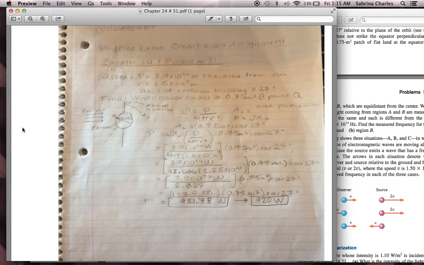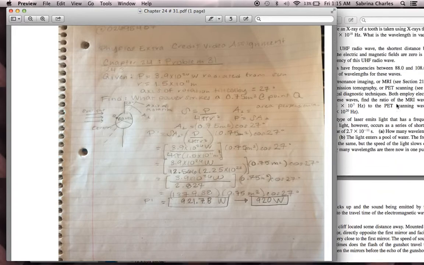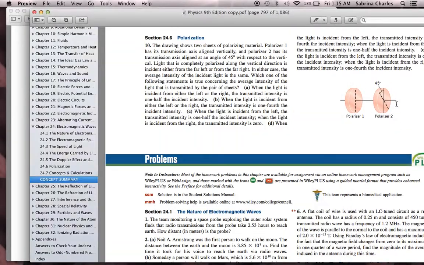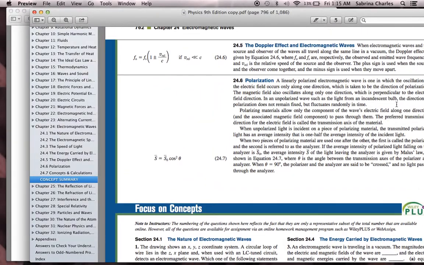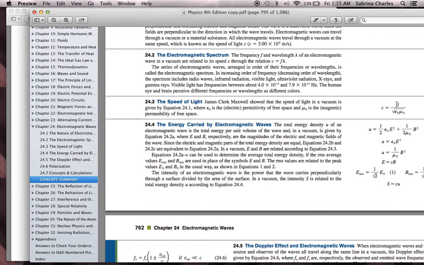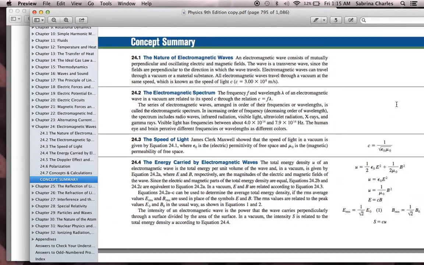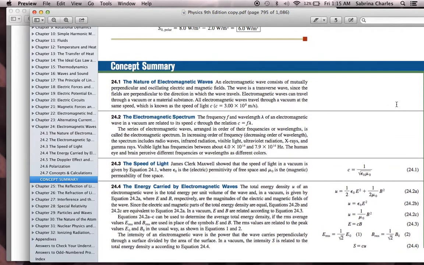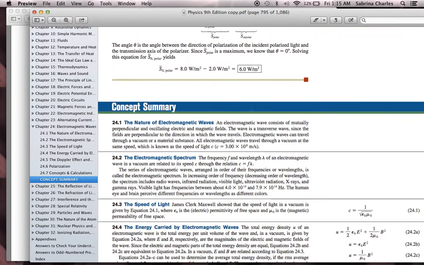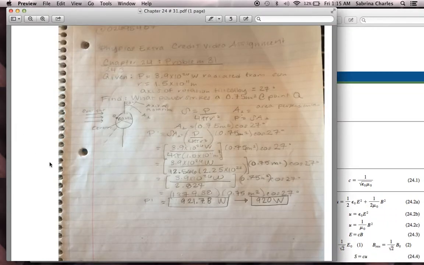We know the formula given for 24.3, we can start with: S equals P over 4 pi r squared.